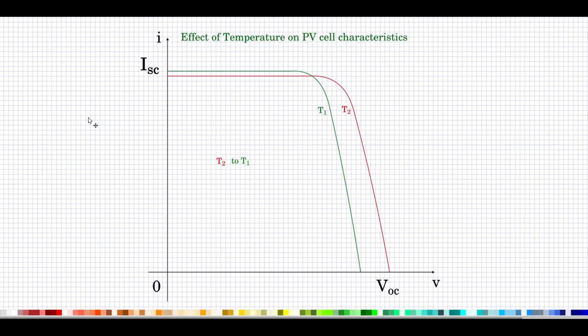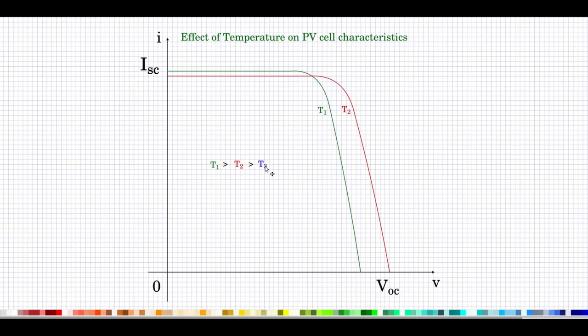Now consider the temperatures replaced with variables T1 and T2, where T2 is the lower temperature and T1 is the higher temperature. Now, how would the curve look if we have a third curve set at a temperature T3 such that T1 is greater than T2 is greater than T3?